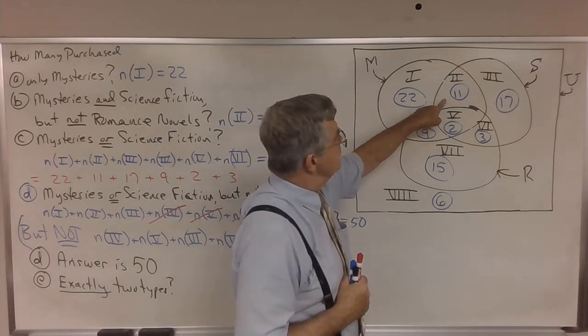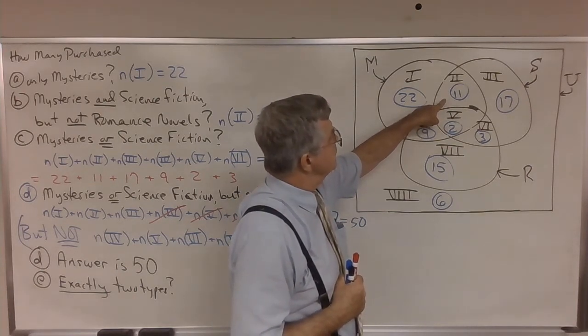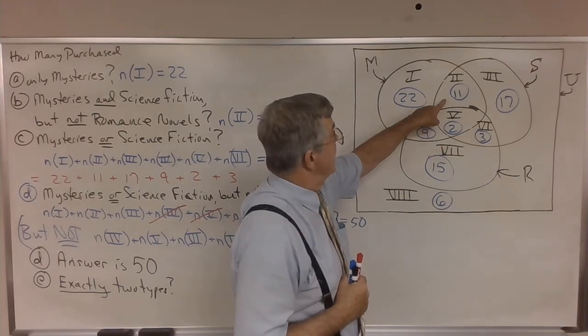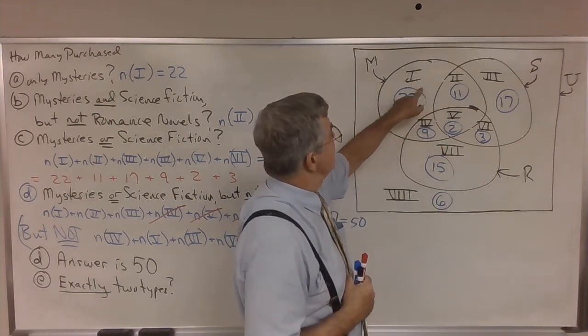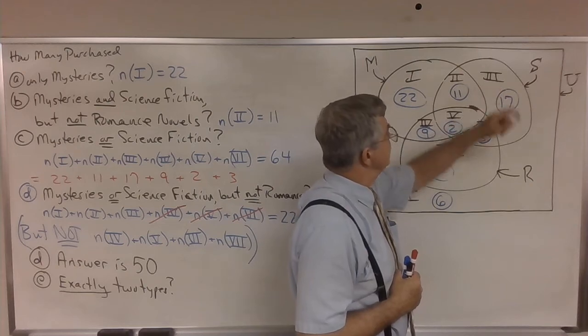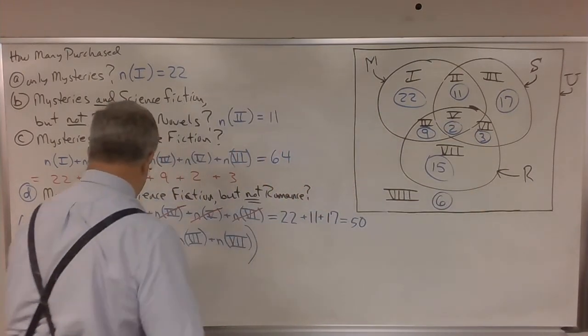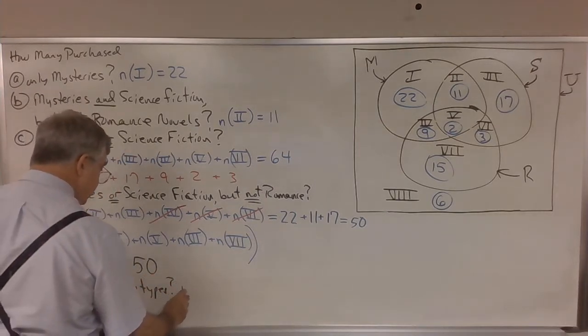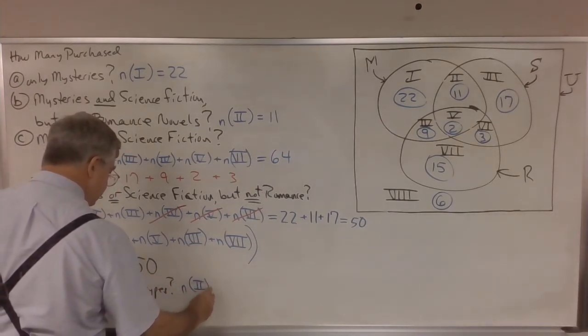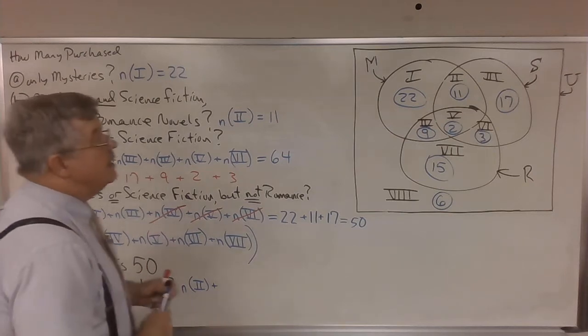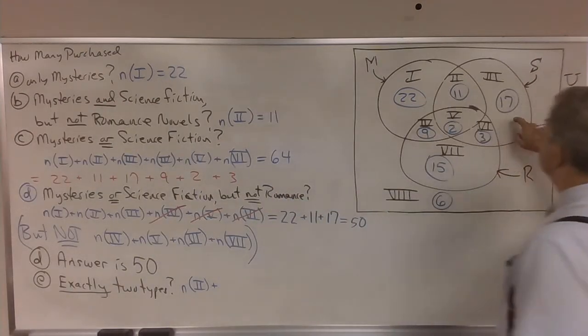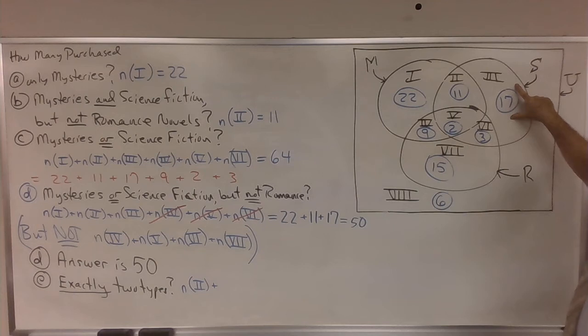Is region 2 contained in exactly 2 circles? Yeah. It's contained in the M circle and it's contained in the S circle, but it's not in the R circle. So region 2 is one of those. Now, region 3. Is this contained in exactly 2 circles? No more, no less? No. Region 3 is only contained in the S circle.